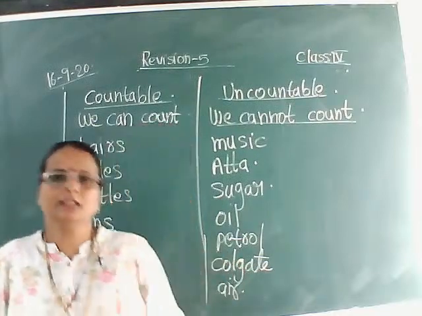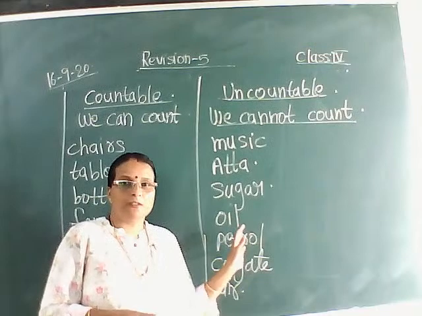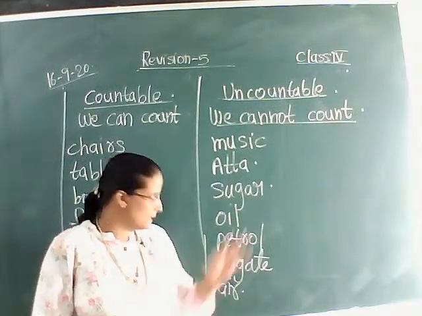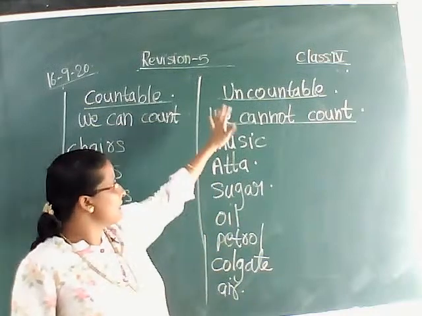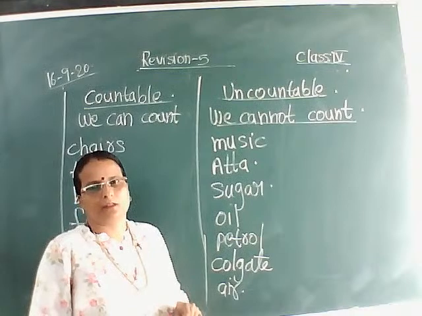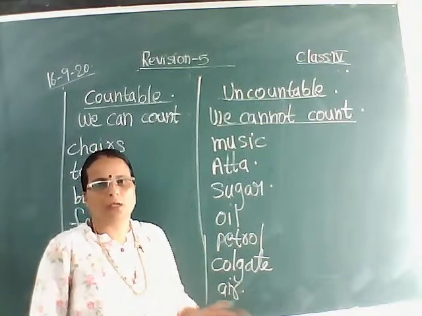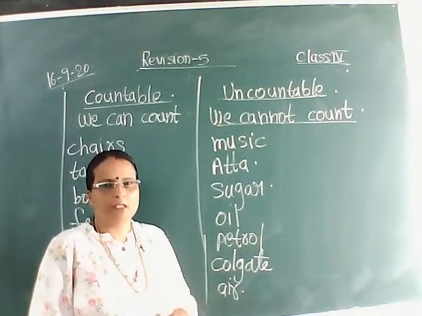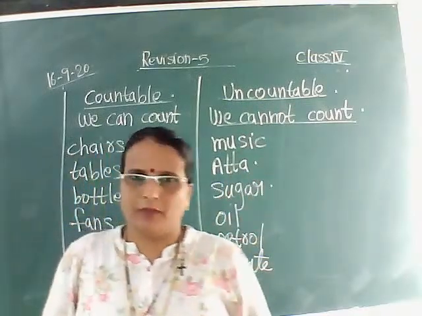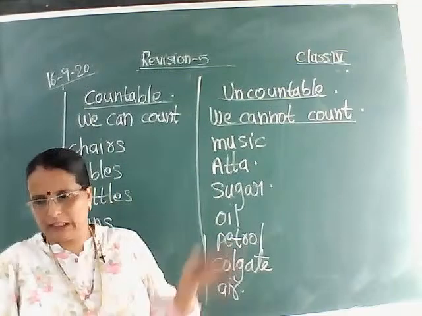Instead, you will say, "Uncle, give me 2 liter of petrol." It's like that. Sugar, you cannot go and say, "Uncle, give me 100 sugar." We will buy instead 2 kilos of sugar or 1 kilo of sugar. So we are measuring this using various units, but we cannot count it. You have seen the samples also.